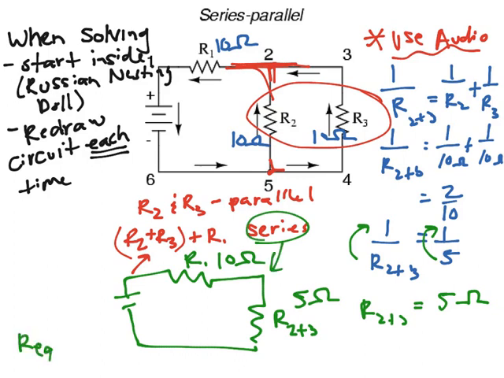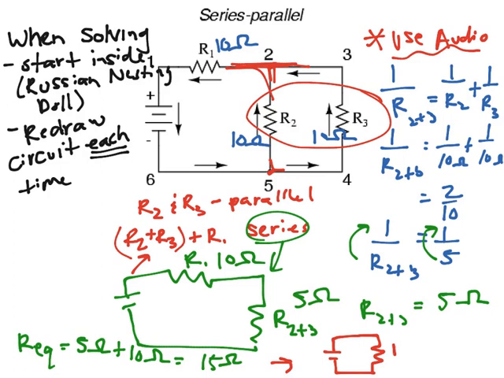So the R equivalent would equal 5 ohms plus 10 ohms, which would give you 15 ohms total. So if you were to then redraw this, R equivalent total, this is all of them, is equal to 15 ohms, and then you could solve your circuit from there. So I'm now going to present a harder one for you to try on your own.